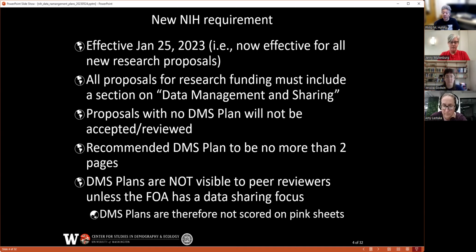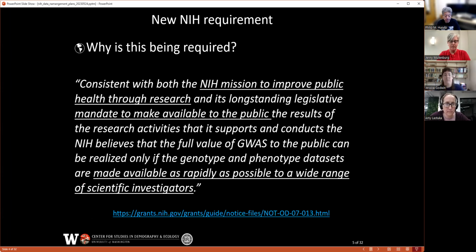This also means that the plans are not scored on your pink sheets. So you've got your aims, innovation, and all the other sections that you're scored on, your team, and those go into the final score of the grant. But the DMS plan is really something that is either adequate or not adequate, and is not scored and doesn't go into the larger score.